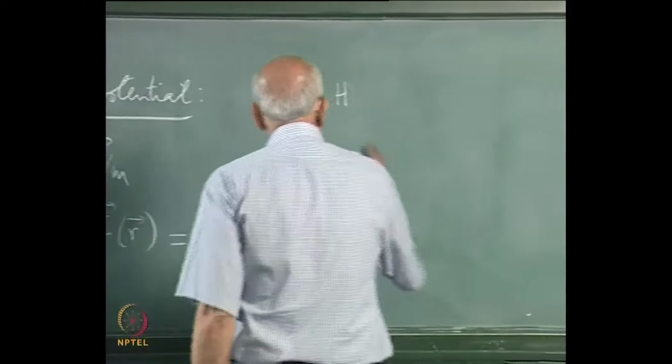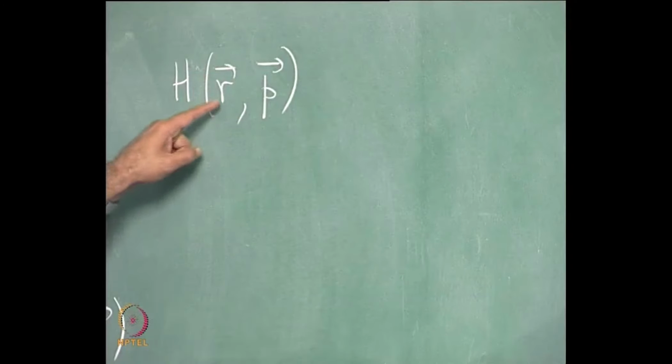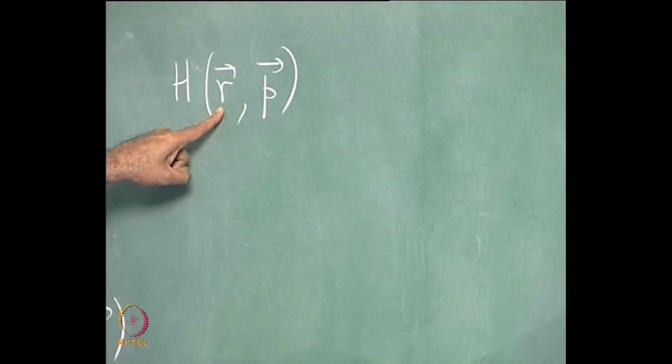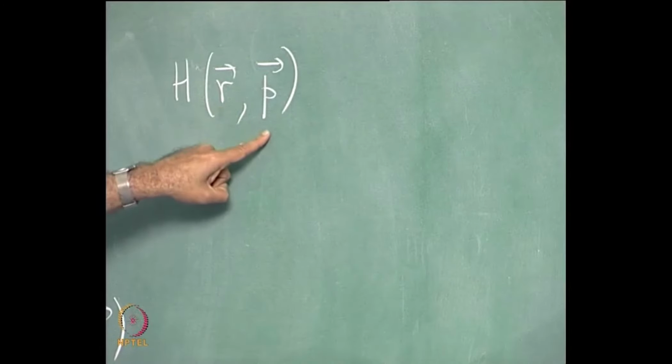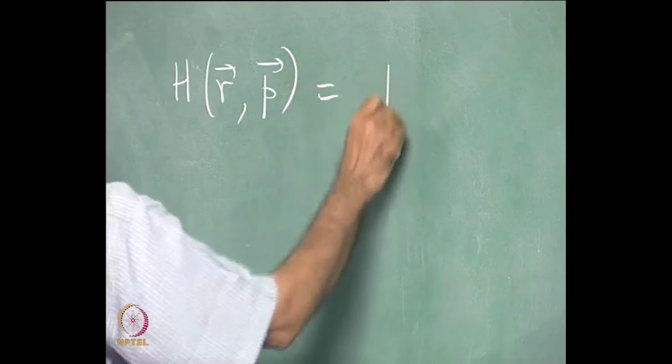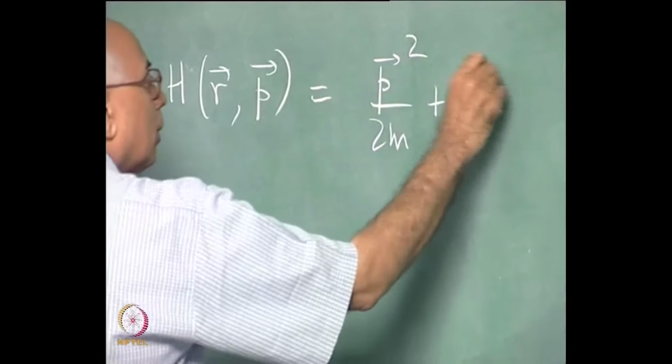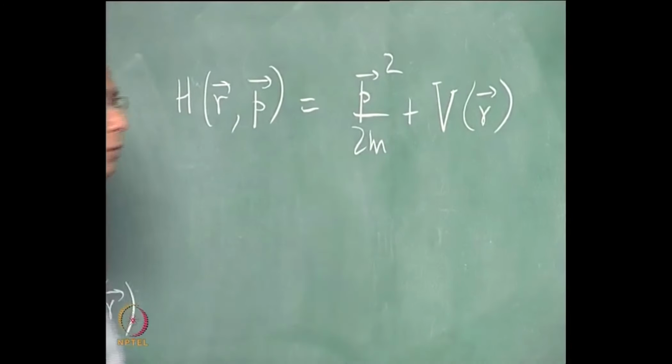So we write H as a function of r and p, and these would be q1, q2 and q3 in this case, and the components of p would be p1, p2 and p3. If these are Cartesian components, then this is equal to p squared over twice the mass of the particle plus the potential V of r.